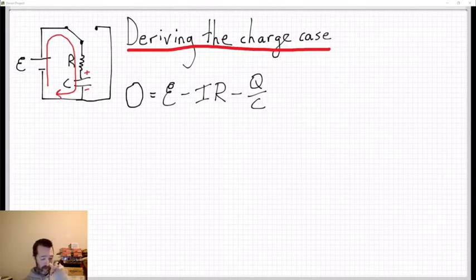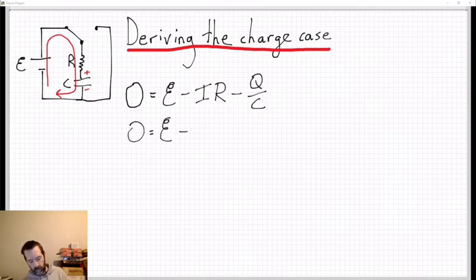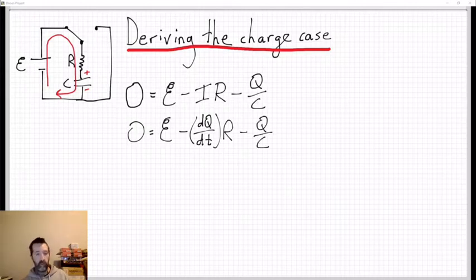I can again replace the current with a derivative. This time I don't need that extra minus sign because in this case Q is an increasing quantity, so dQ/dt is positive, just like I need I to be positive.